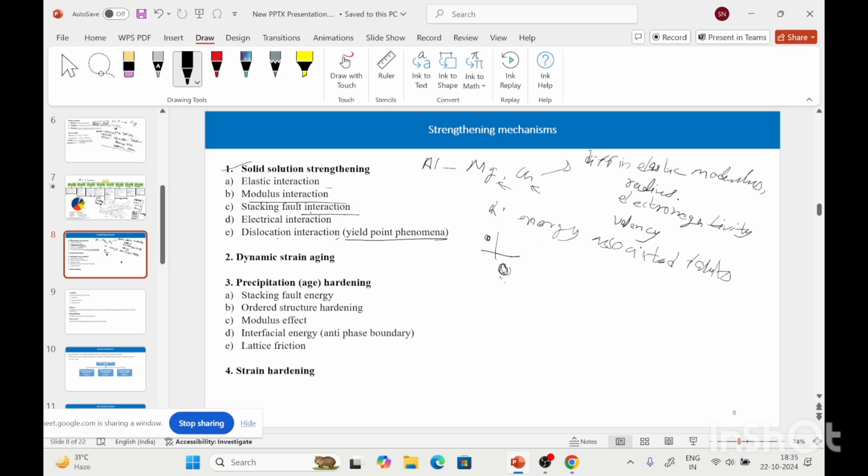This leads to the yield point phenomenon. Yield point phenomena happen if the alloy is strain deformed to a certain point, unloaded, and then reloaded after some time: the yield point will increase.